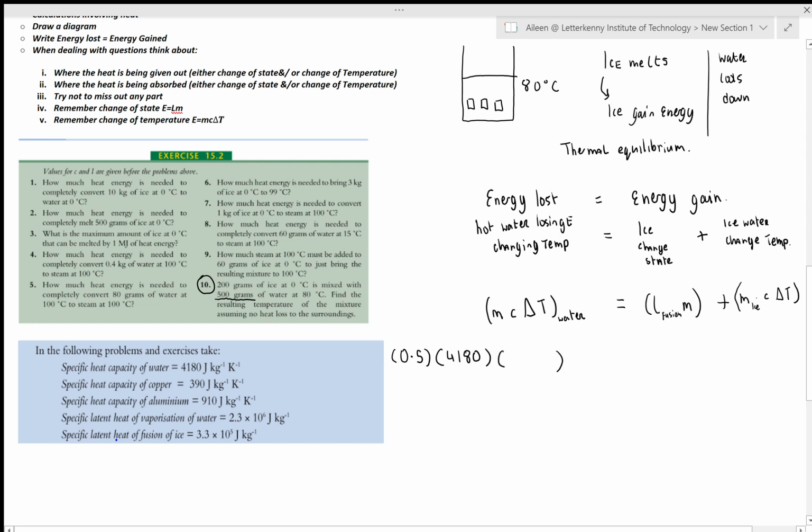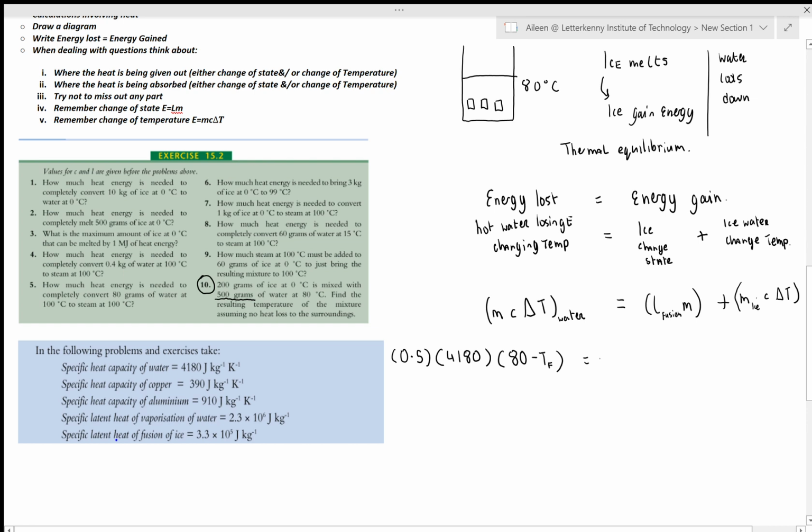So our water is cooling down, going from 80 degrees to some final temperature. I do not know my final temperature yet. This is what I'm trying to find. So my change in temperature, ΔT, is 80 minus my final temperature. Remember, when you're finding your change in temperature, it is always the smaller value from the larger value. Because I know my water is cooling down, it will be 80 degrees minus my final temperature, as my final temperature is less than my starting temperature here.